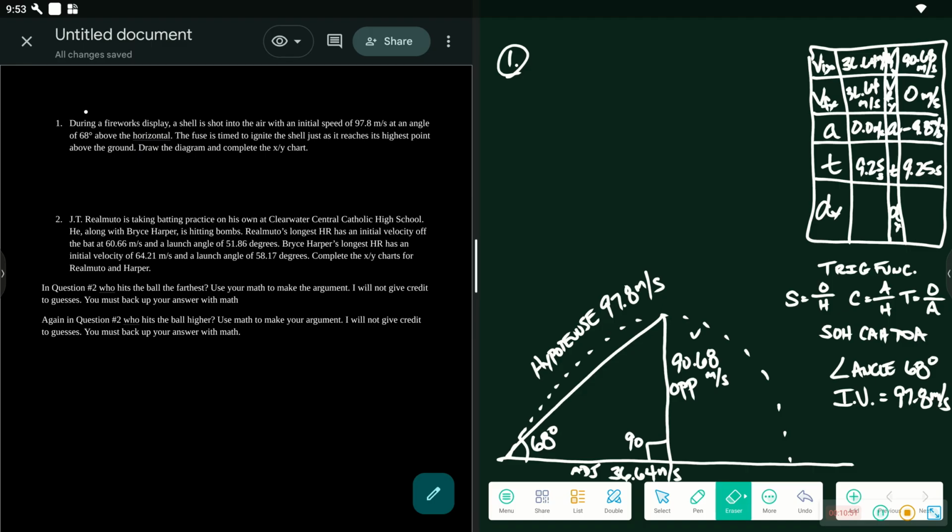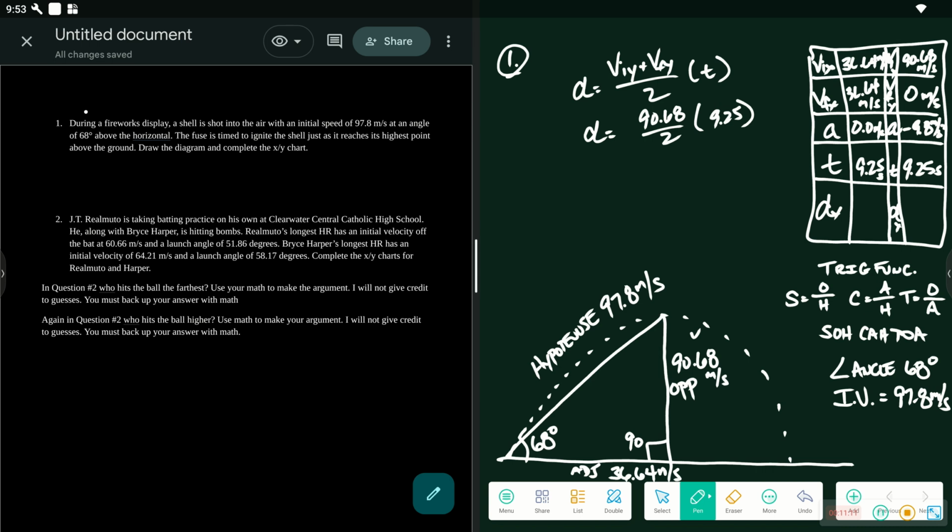So in this case, what I would do is to figure out the y distance, d equals VIY plus VFY over 2 times time. d equals 90.68 divided by 2 times 9.25. D is going to equal 45.34 times 9.25.